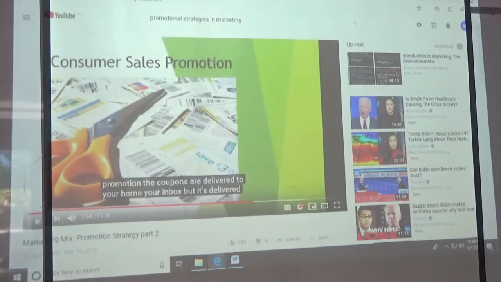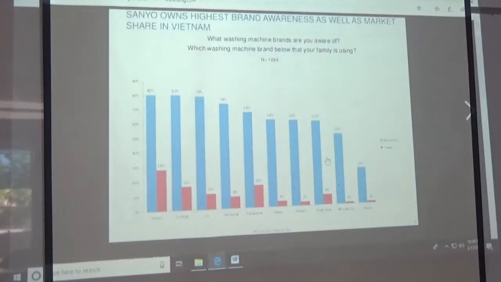you'll see here is the washing machine market in Vietnam. We can see this market and there are two lines, a blue one and a red one. The blue line says awareness. That's brand awareness. You can have advertising to make people just know.